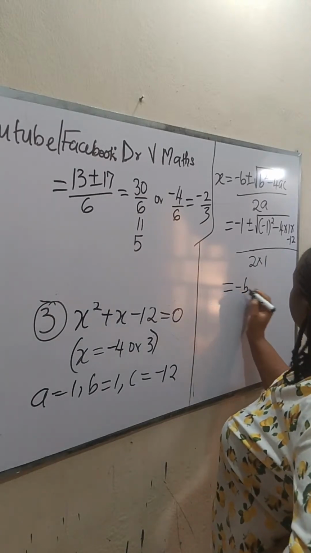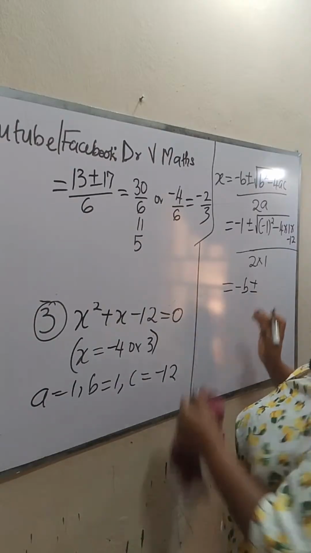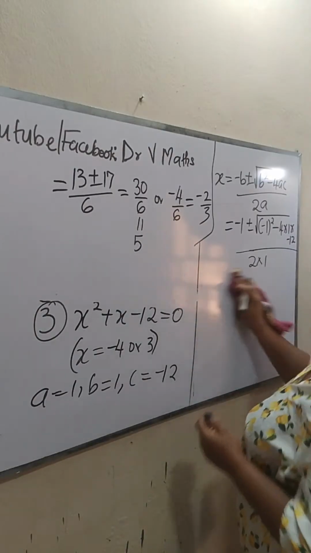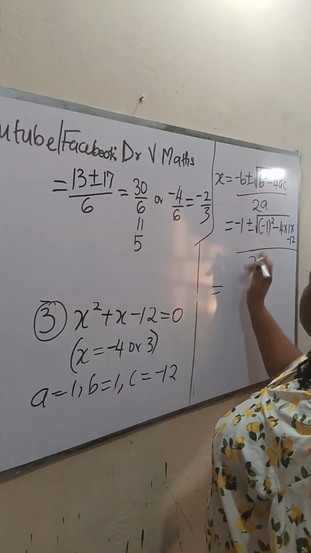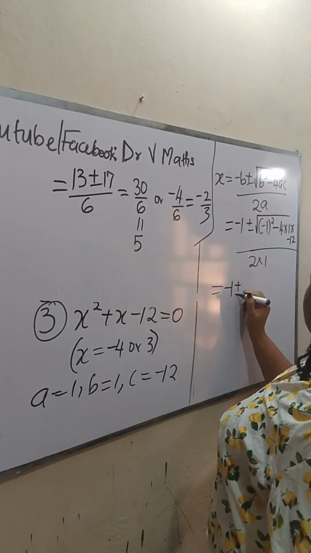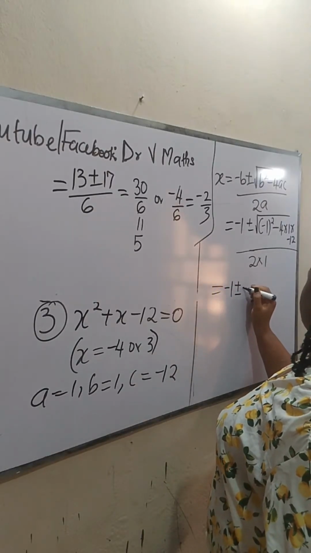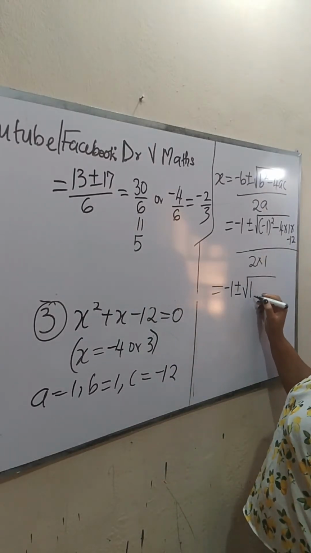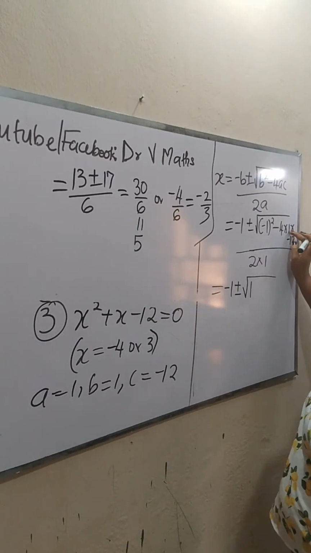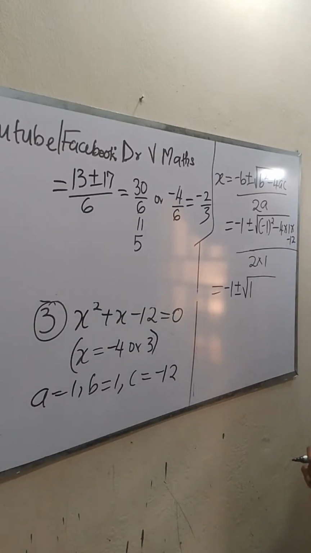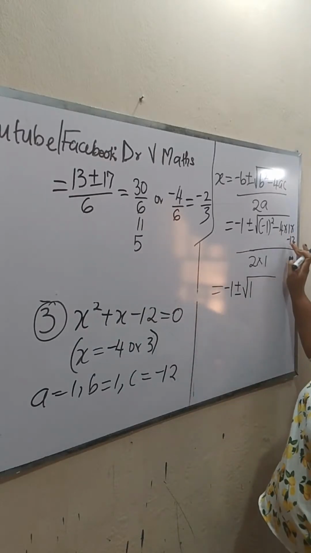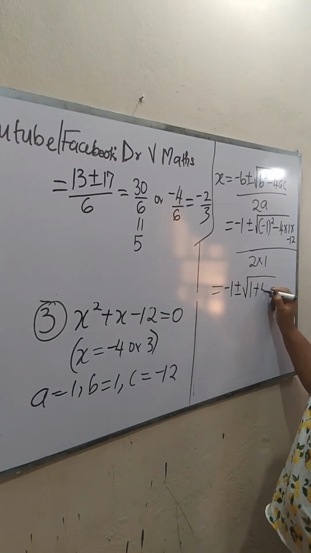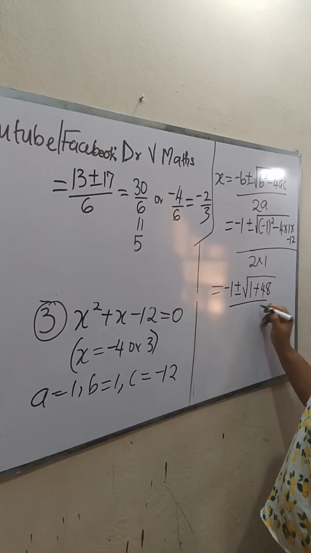So this is equals to minus 1 plus or minus square root of. Now minus 1 all squared will give us 1. 4 times 1 will give us 4. 4 times 12 will give us 48. Then minus times minus will give us plus 48, all over 2.